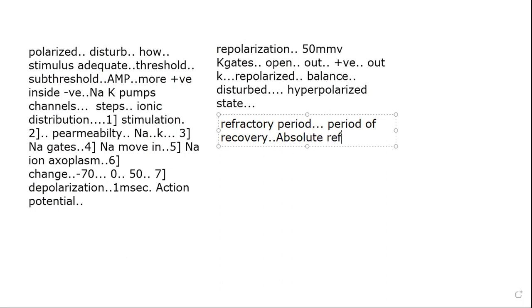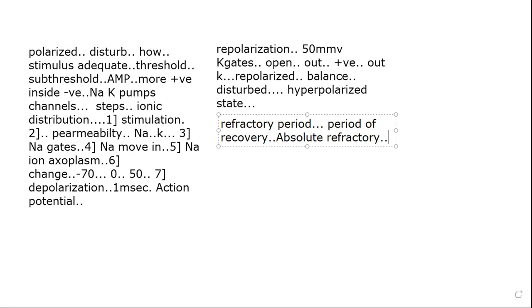During this period, the nerve is not at all going to be able to transmit any kind of messages. Although a repolarized neuron has the same type of charge distribution, positive outside and negative inside, the disturbed situation in this condition is that the potassium and sodium concentration is disturbed.